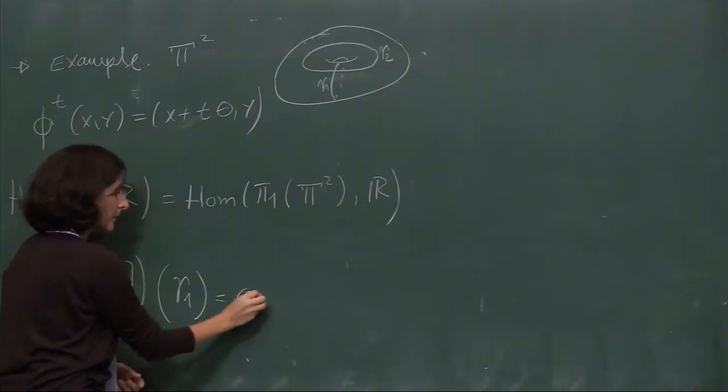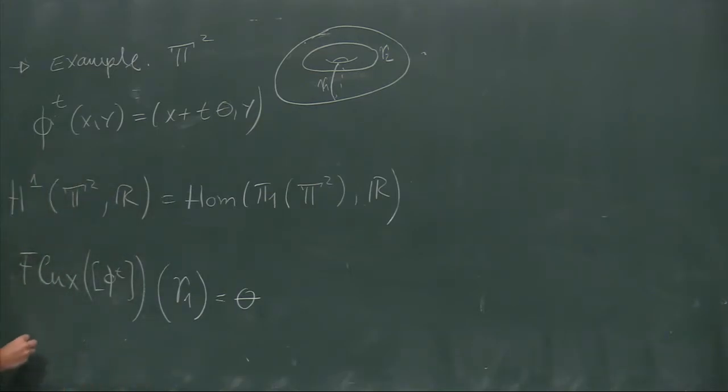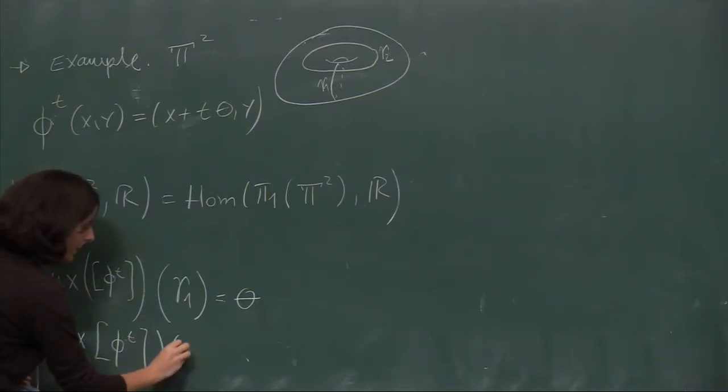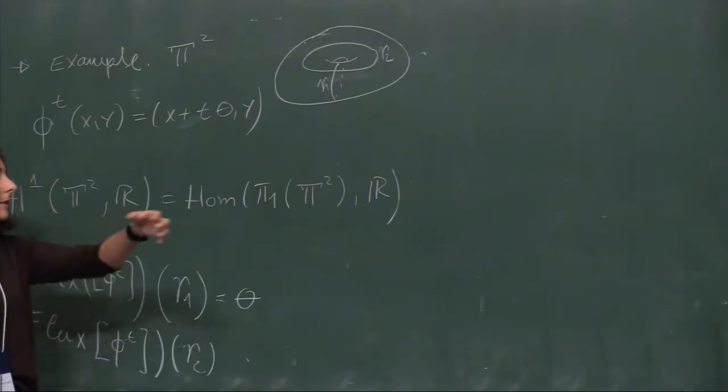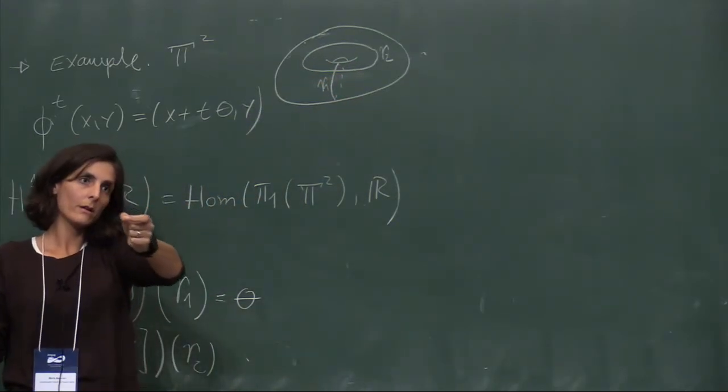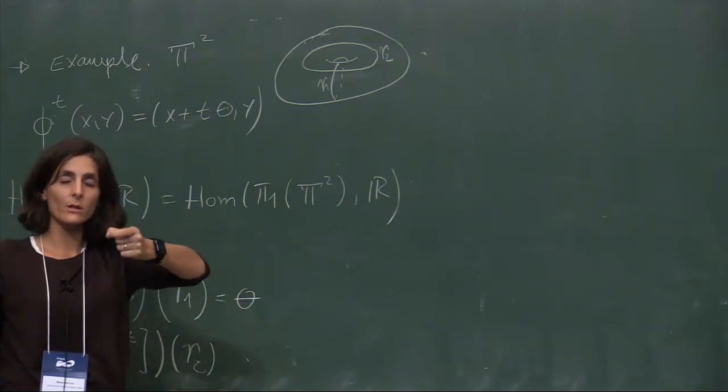So the image of this would be theta. If I look at the flux of phi_t on the other generator, gamma_2, and translate it by theta, the area swept in time 1 is just 0.